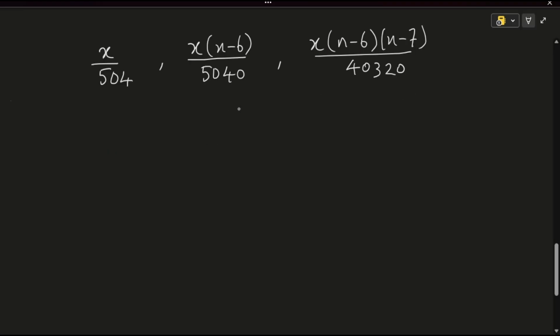Now with geometric sequence, if we have three consecutive terms as A, B, and C, then B squared is equal to AC.